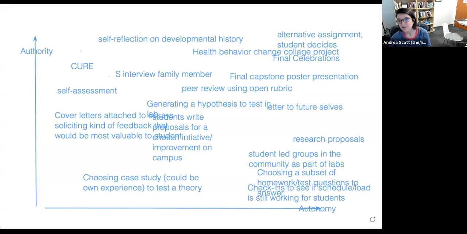So they read some theories on radical care that came out in Social Text, which gave them a theoretical language for thinking about that. I asked them to identify a case of radical care or a crisis of care, and I modeled for them ways to curate a case study.